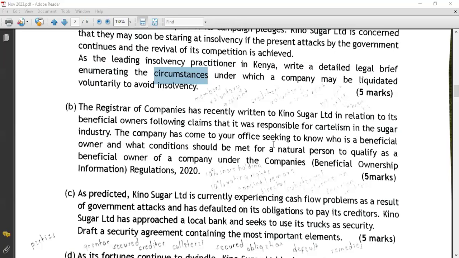So, Mwalimu, just a question. When you look at section 403, they take creditors as voluntary liquidation. How then would we address it? Sorry? Section 403. Let me look at 403.